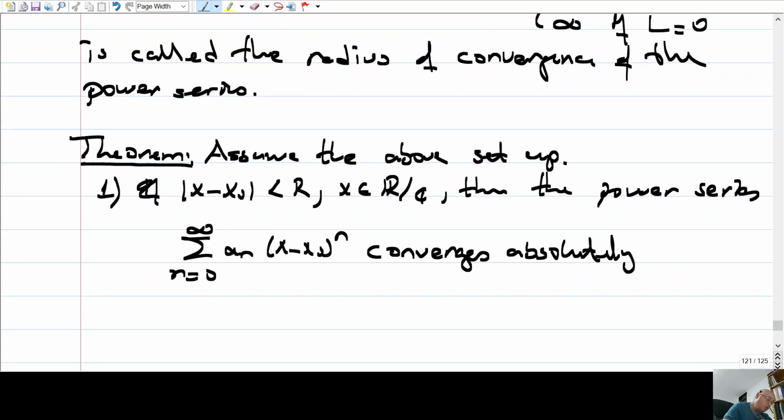So it is convergent, but actually it is more than convergent, meaning that if you take norms of the terms of the series, this is convergent.